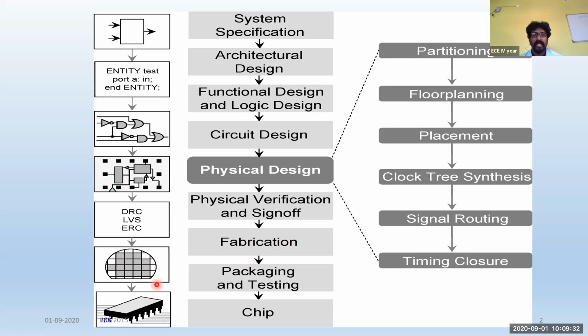See here, you can see that this entire thing we call a die. On that particular die, only one particular slot will be given to us. In that particular slot, only our integrated circuit will be designed, and all the other slots will be given for other integrated circuits or other designs.